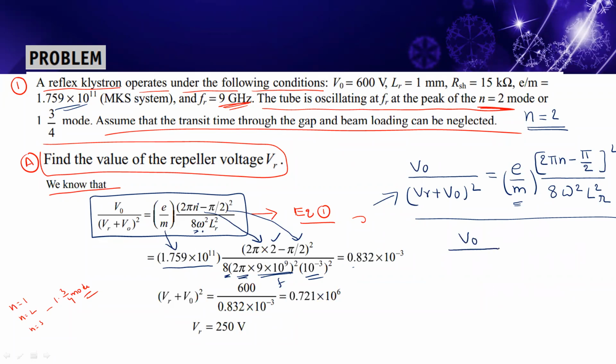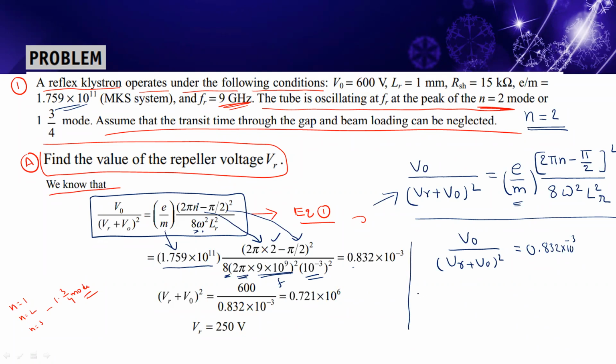V naught divided by VR plus V naught square equals to 0.832 per minus 3. Clear?